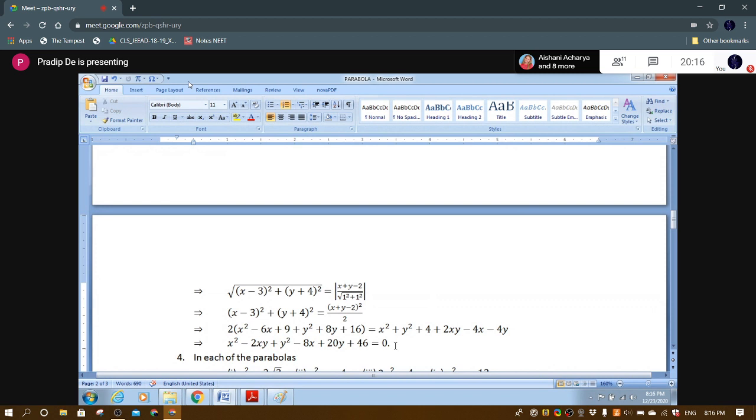Ax square plus 2hxy plus by square plus 2gx plus 2fy plus c equal to 0. This equation in general represents any of those conic sections, whether it is a circle or parabola or ellipse or hyperbola or a pair of straight lines. They're all of this type, a general second degree equation.